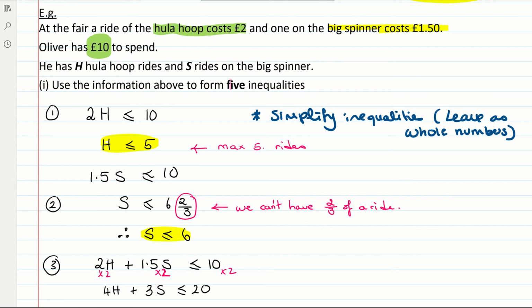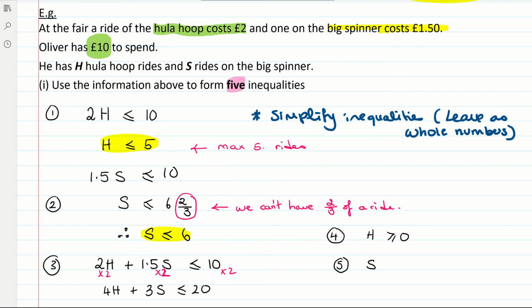And often what they want is for you to state the condition that the hula hoop ride must be bigger than or equal to 0. He definitely is going to go on a hula hoop ride. That's a condition.